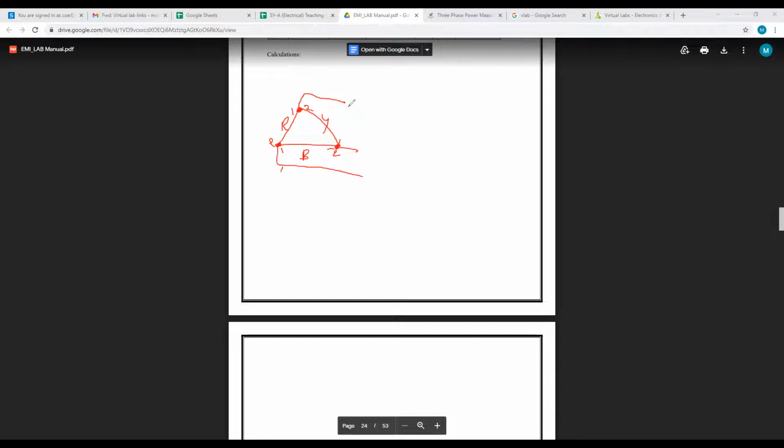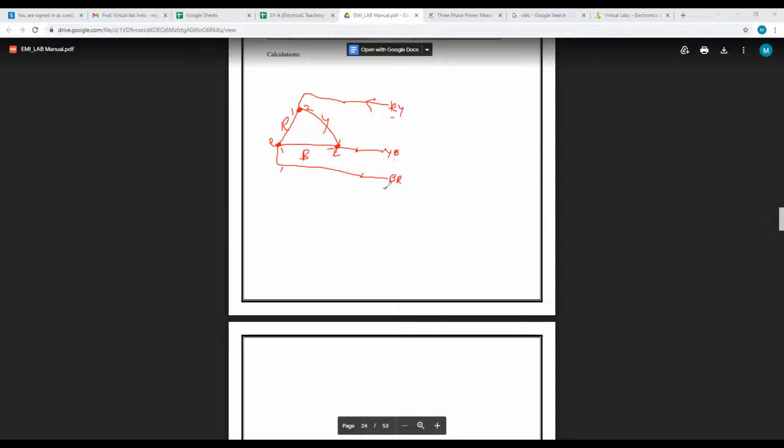So here this is the RY, this is the YB, this one is BR. If we measure current here, we call it IRY, IYB, IBR.